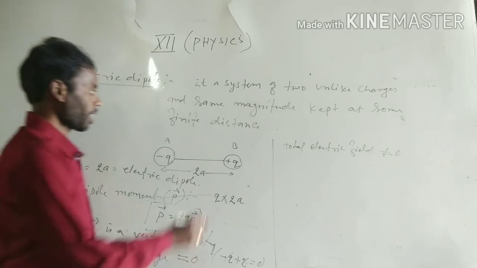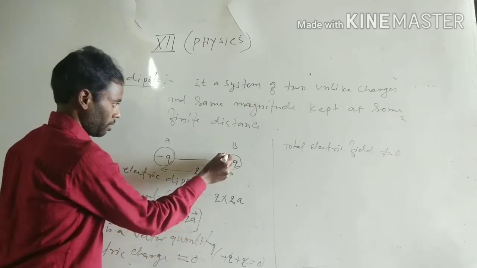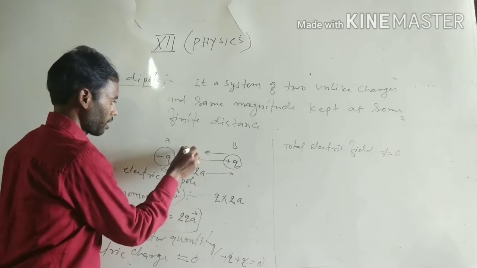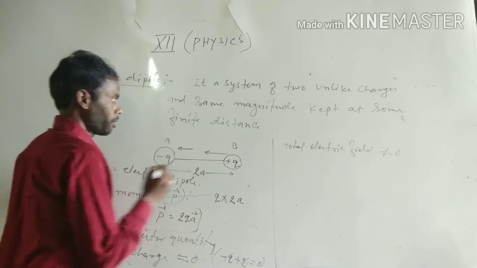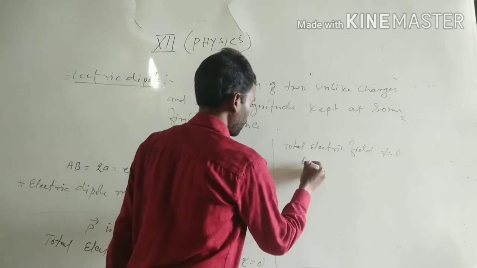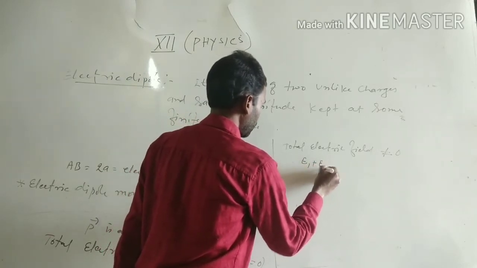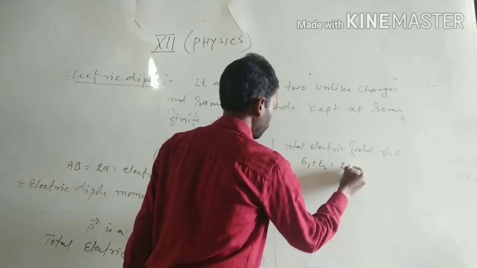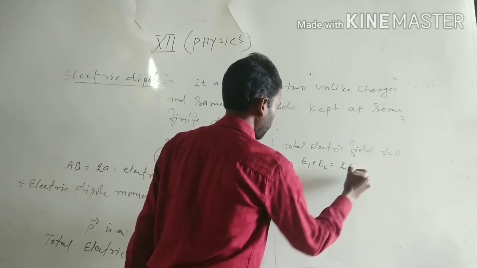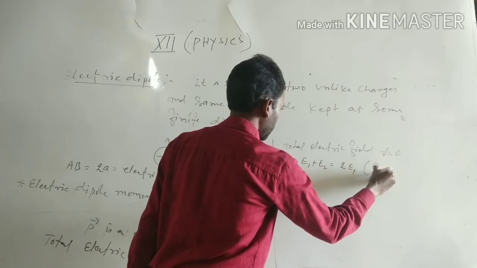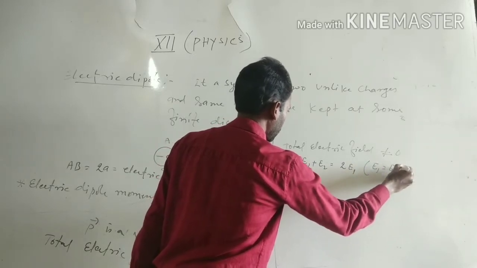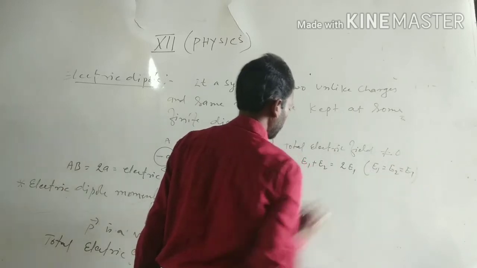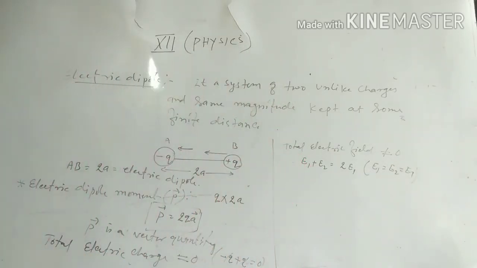That is the direction: the electric field will be this side, and here also the direction will be this one. That means the total electric field E1 plus E2 is equal to 2E1. Suppose E1 is equal to E2 is equal to E, like that. It is clear?